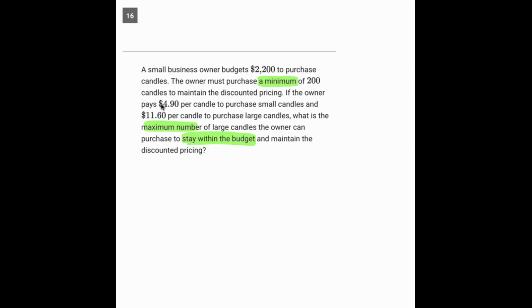We have the price of each small candle and the price of each large candle. So really, this is a classic system of linear equations. X can be the number of small candles. Y can be the number of large candles. If that's the case, then X plus Y is going to be 200, the whole number of candles.